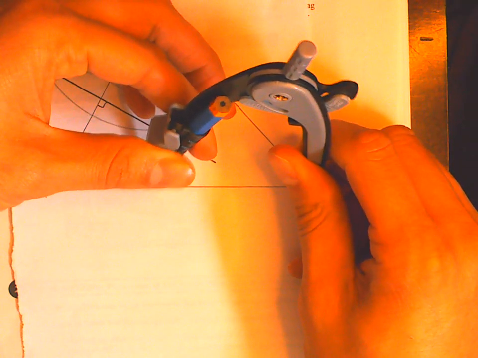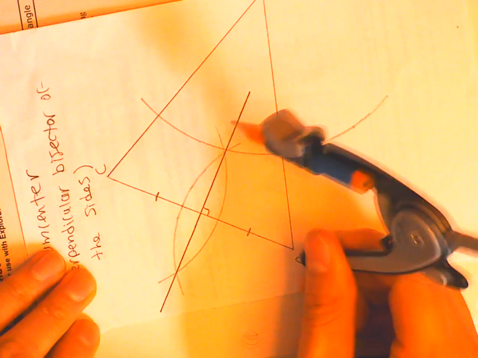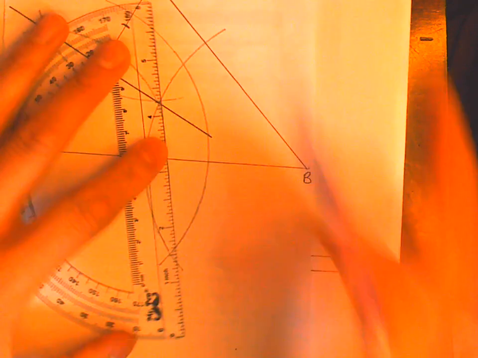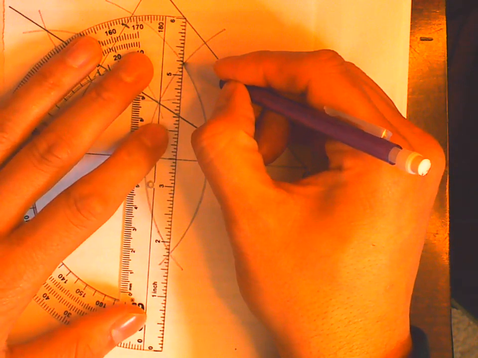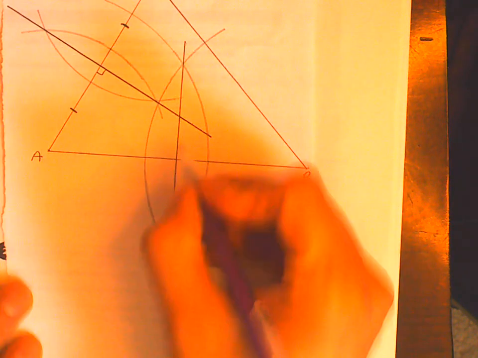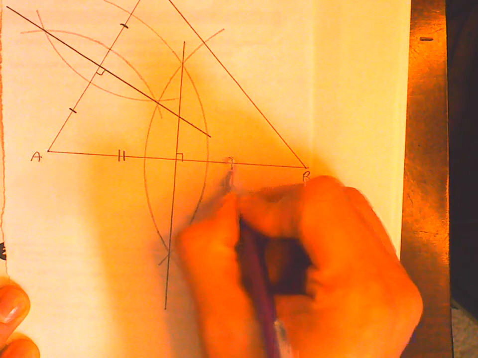So I'm going to open mine a little bit more, and make an arc both from A and from B, like this. Now you're going to draw a line between those two intersections. This is perpendicular, and now you have this side congruent to this side.